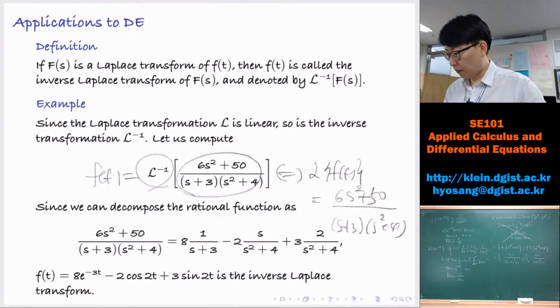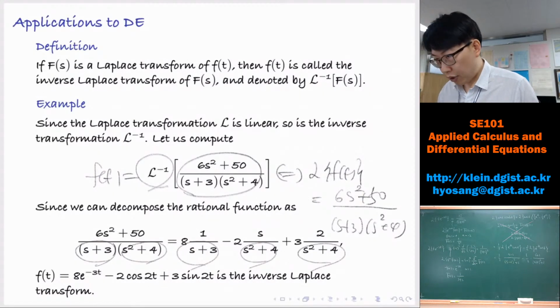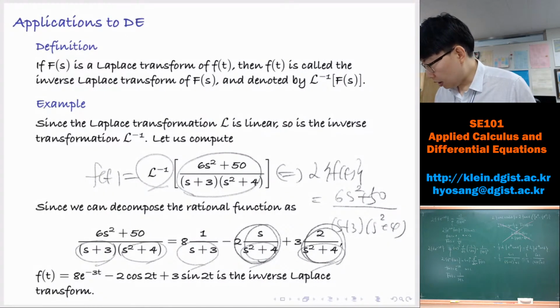So I'm going to split my denominators, s plus 3 and s squared plus 4, and s squared plus 4 can also be further divided into s terms and constant terms. I intentionally used my constant term to be 3 times 2 instead of 6 times 1 because I want to use the inverse Laplace transform on here, here, and here.